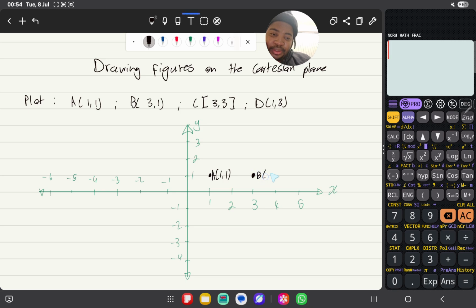So this is B with (3, 1). Let's go for C. C is 3 for x, and for y, 1, 2, 3, it's 3. So for C we are here, with (3, 3). For D, the x value is 1 and the y value is 3, so it's going to be here.